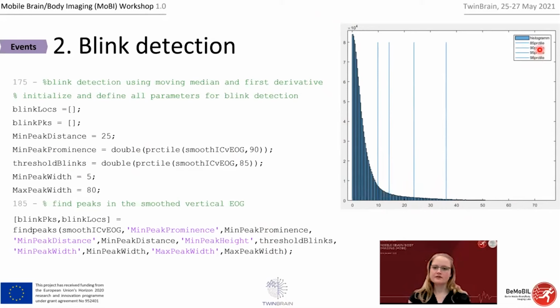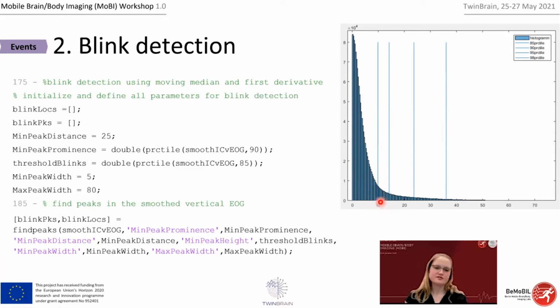And then you see here the 85th percentile, the 90th, 95th, and 98th percentile. And so what else you can do is also detecting the knee point, for example, to define which percentile you want to use, to actually individualize it even more.